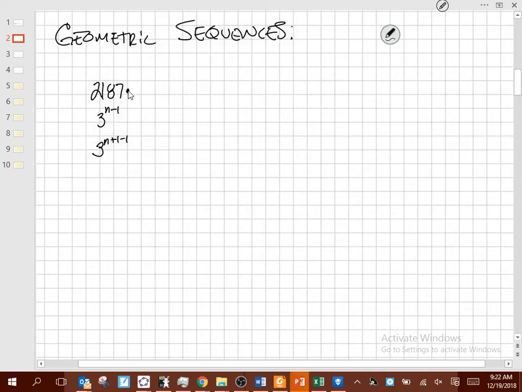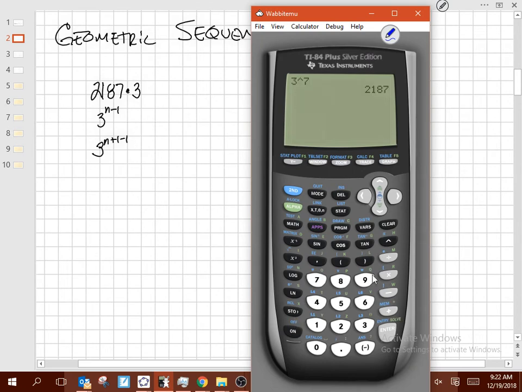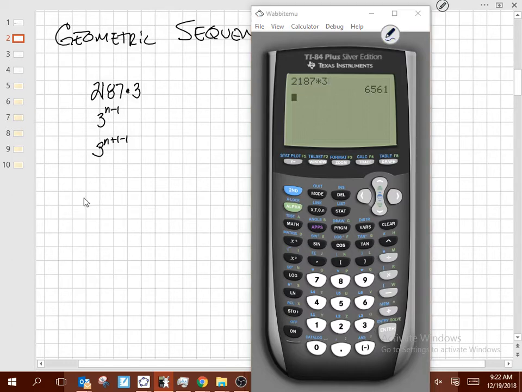So you're saying multiply this by... Yeah, just take the next term, because we know what our, what do you call that in geometric sequences? It's not common difference. The common ratio. Common ratio. So we know what our common ratio is, so we just find the next term and plug that in. So you have 2187, and then you'll have 6561.